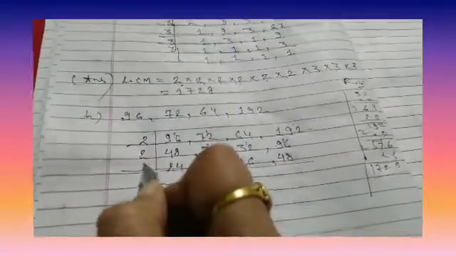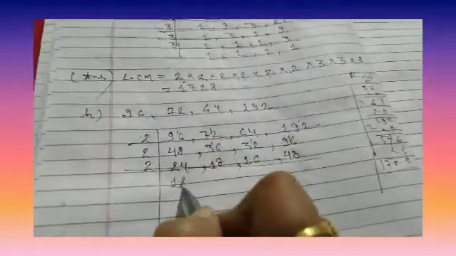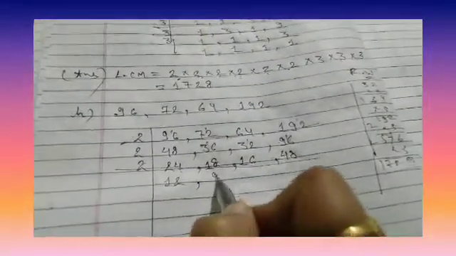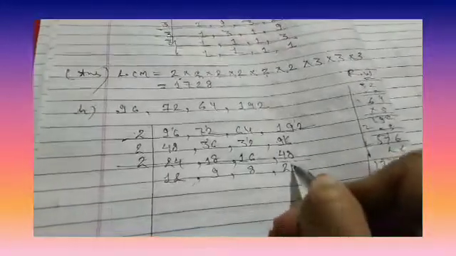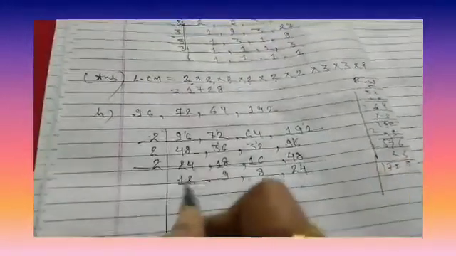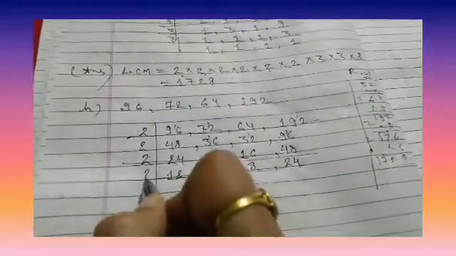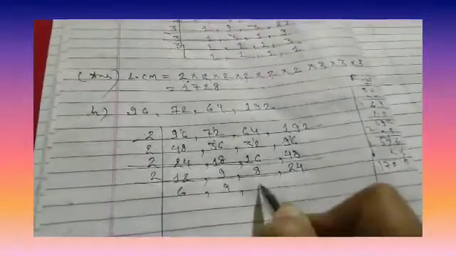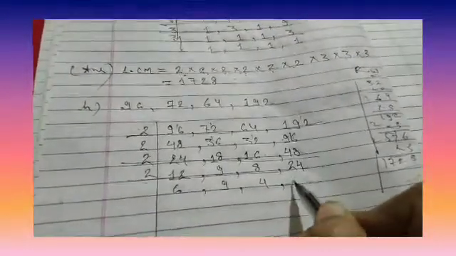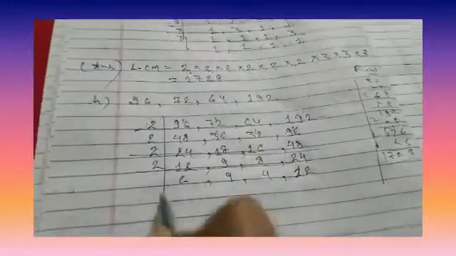Again with 2, 2 1s are 2, 2 2s are 4, 2 9s are 18, 2 8s are 16, 2 2s are 4, 2 4s are 8. Again with 2, 2 6s are 12, 9 as it is, 2 4s are 8, 2 1s are 2, 2 2s are 4, 12.